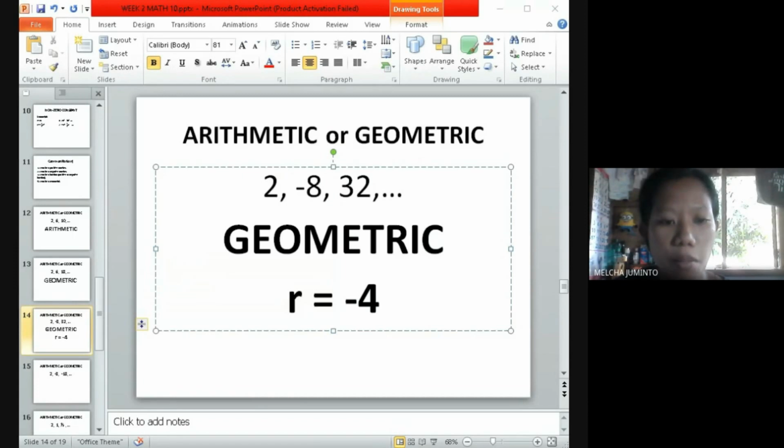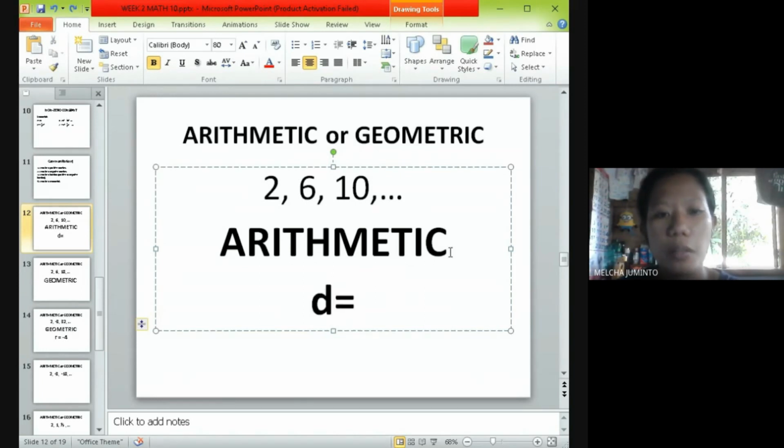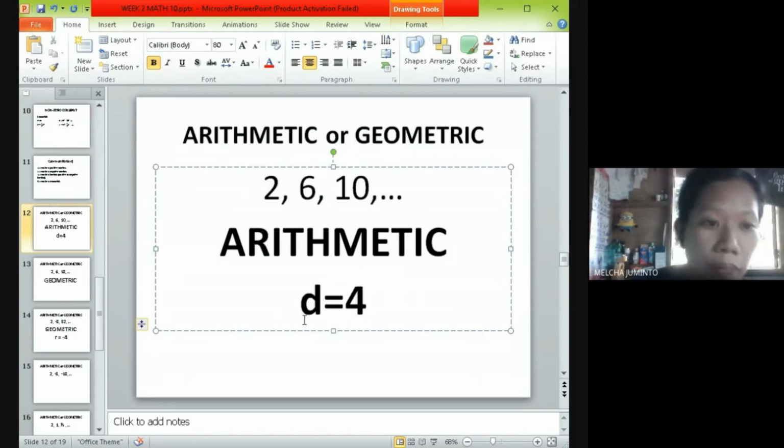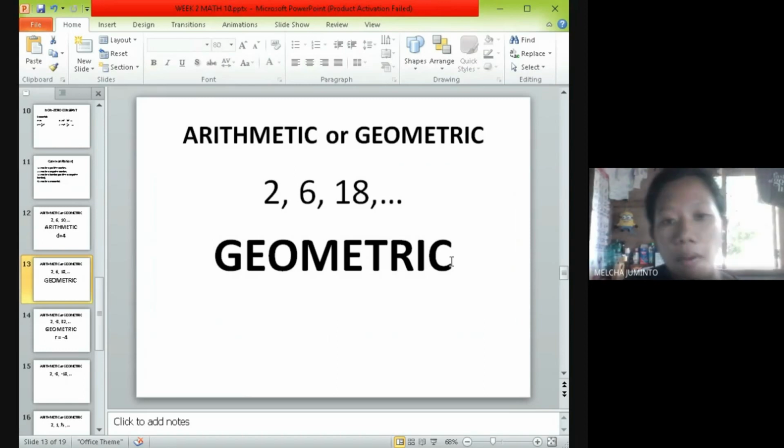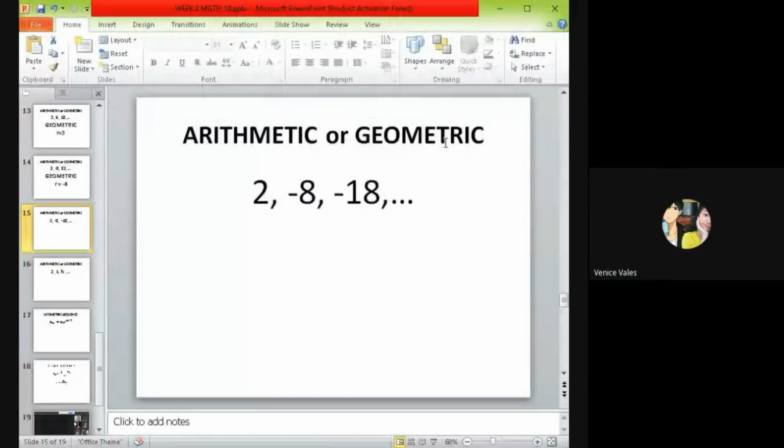Let us go back with the previous items. Yung sa number 1, this is arithmetic. So there is a common difference represented by a lowercase d, which is positive 4. In the second example, geometric with a common ratio which is positive 3. Yes po.